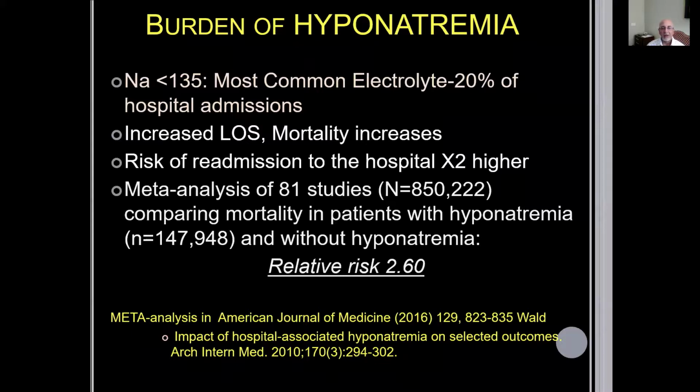In a meta-analysis of 81 studies, which included over 850,000 patients, comparing the mortality in patients with hyponatremia and without hyponatremia, the relative risk of mortality was 2.6. So as you can see, this is a very significant problem, and we have to optimize the management and recognition of the burden of hyponatremia.